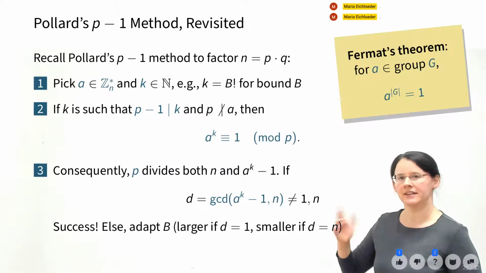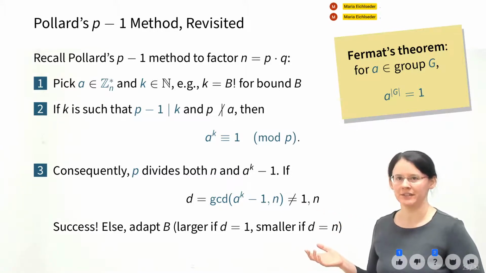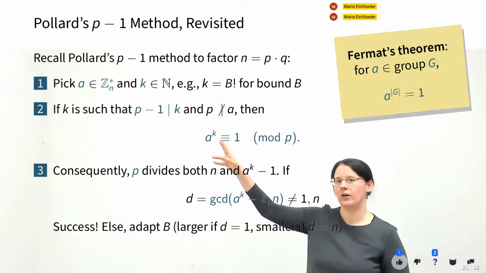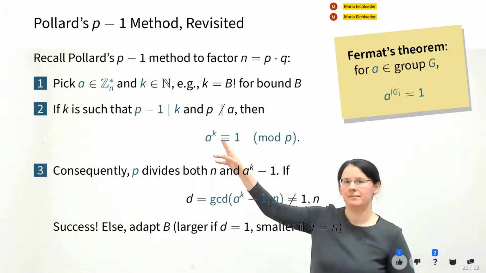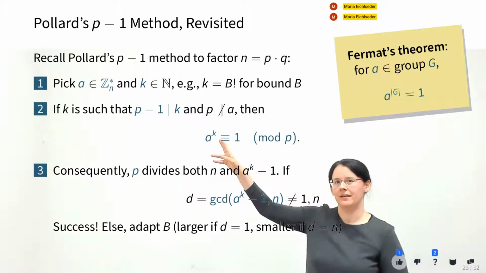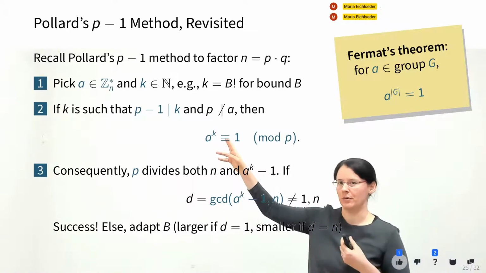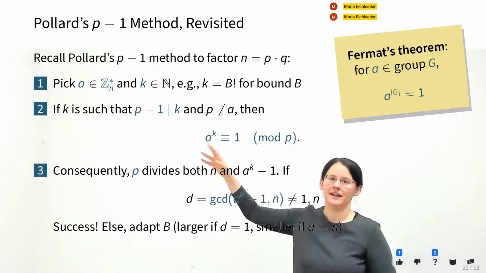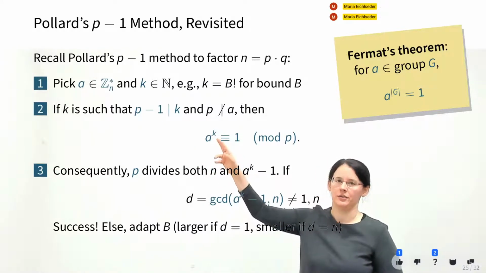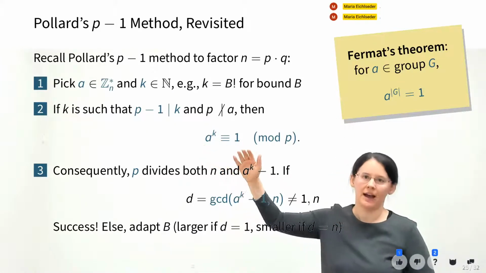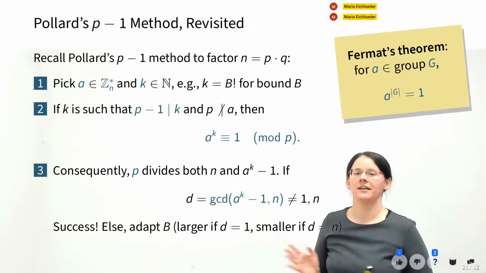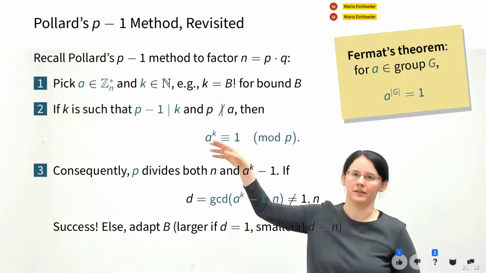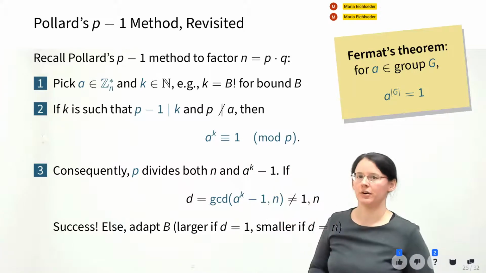This sounded a bit complicated, but what I effectively do is I take some big number k. I hope that k is actually a multiple of the group size of one of the smaller groups, modulo p, and I happily keep computing some elements a to the power of this large exponent, until, if k is large enough, I hit the group order, and then the result here is 1 modulo p.